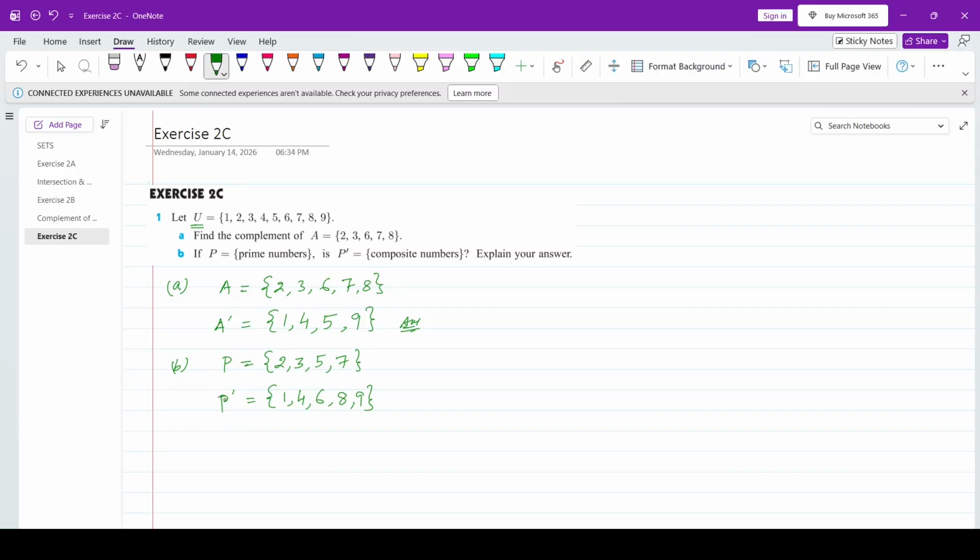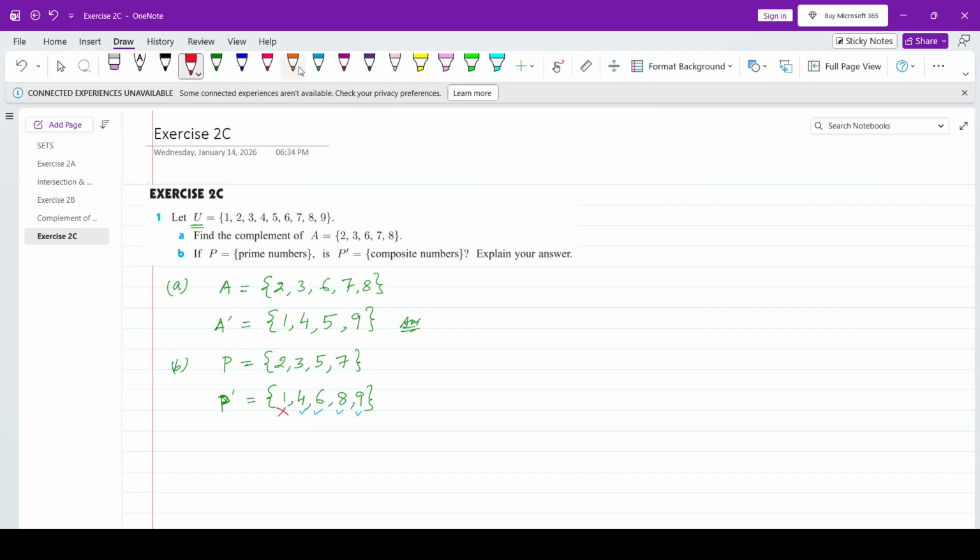Now, the question is asking, is this P prime a set of composite numbers? So we know this is a composite number, this is a composite number, this is a composite number, this is a composite number, but 1 is neither prime nor composite.